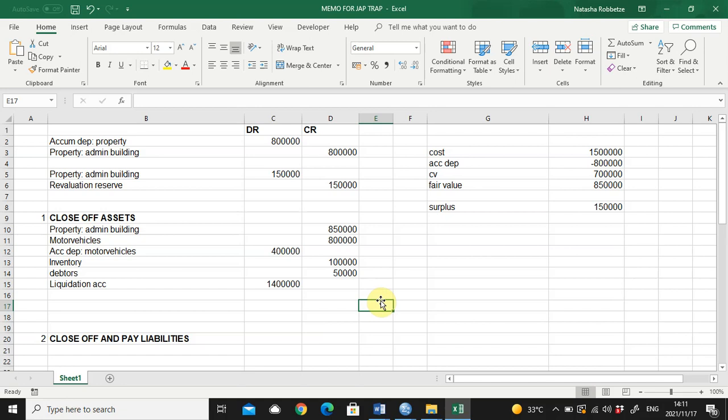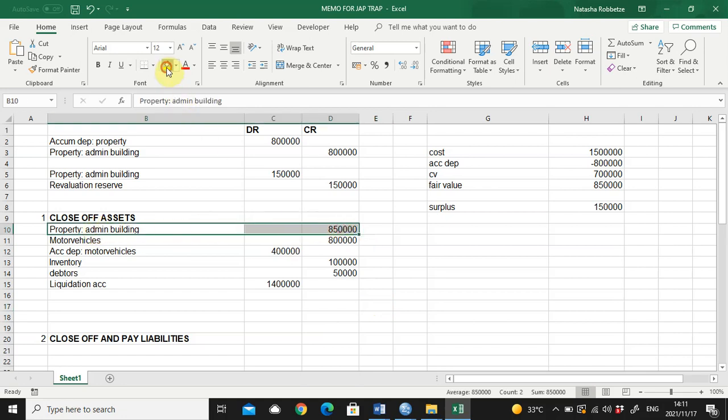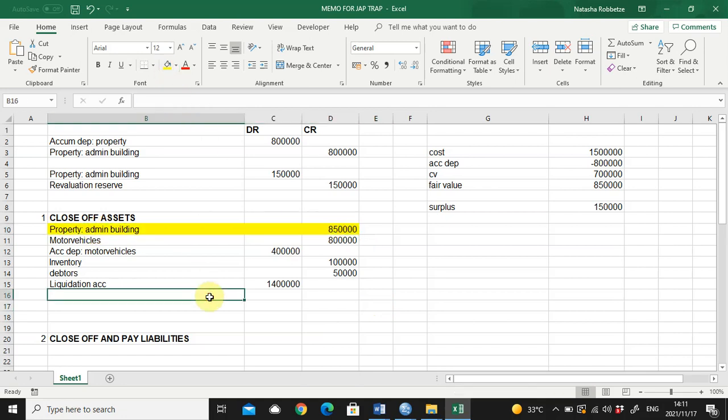Step 1 successfully completed. The only trick to pay attention to is the property that has been revalued. We need to go and take out the fair value because we adjusted that gross carrying account to the fair value.